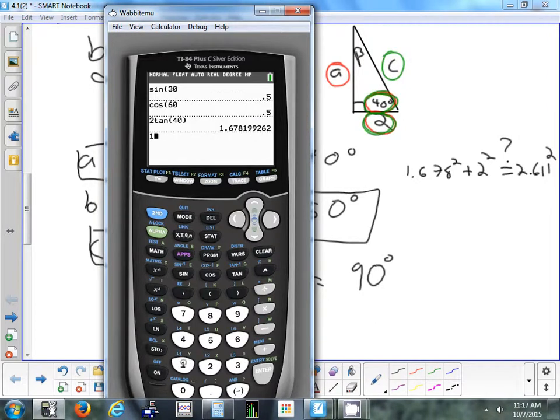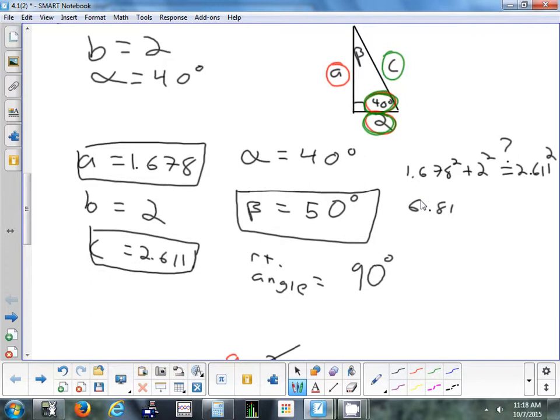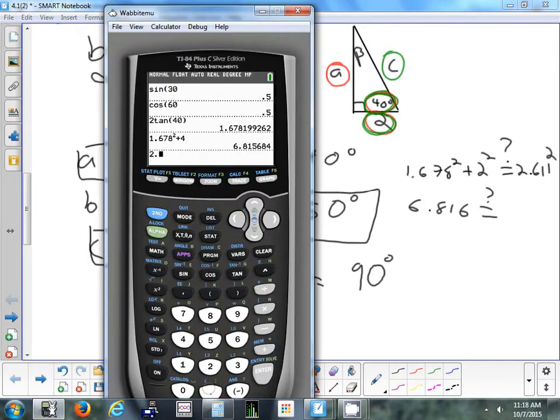Let's take 1.678 squared plus 2 squared, which is 4. We get 6.816. And now take 2.611 and square it.